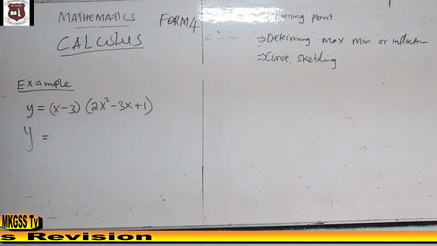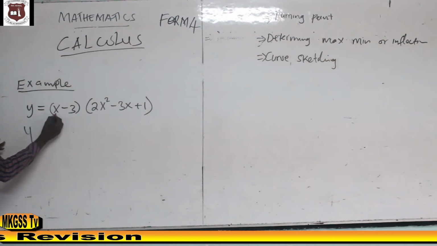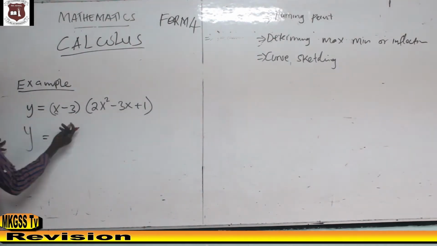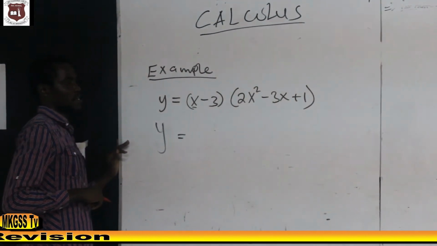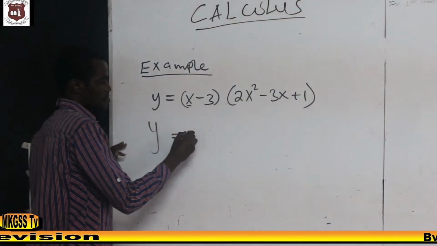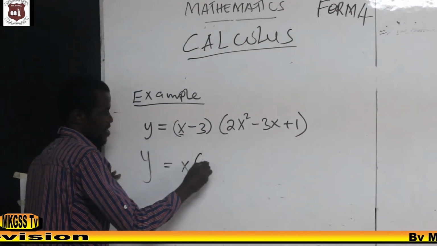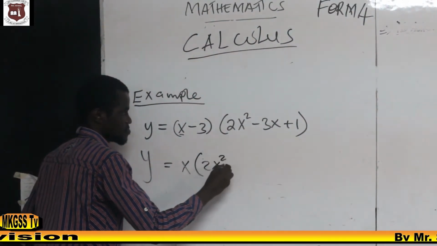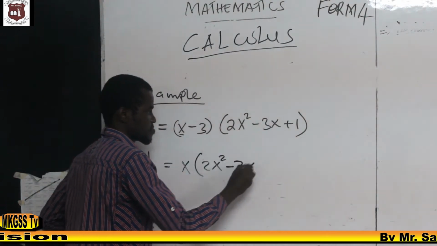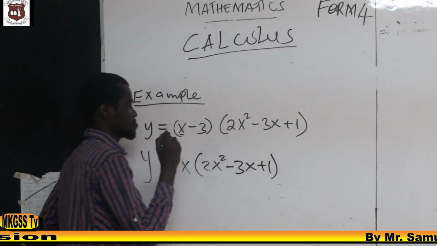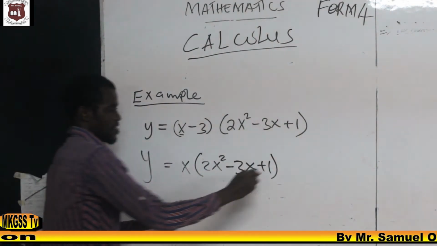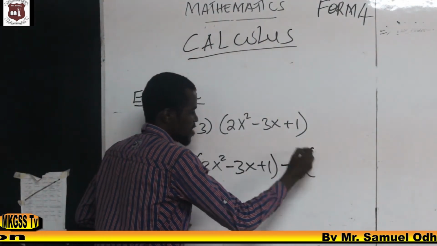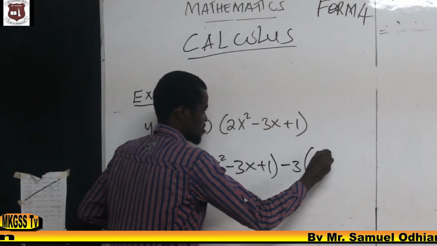We are going to have this multiplying the whole bracket, then these three again also will multiply the whole bracket. So it means therefore I will have x multiplying the whole bracket, then I come to -3, again multiplying the whole bracket.